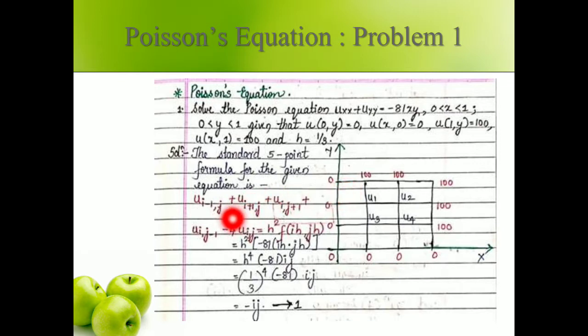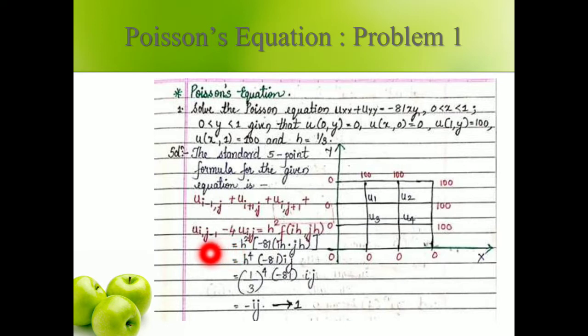Then the equation goes like this: u(i-1,j) plus u(i+1,j) plus u(i,j+1) plus u(i,j-1) minus 4 u(i,j) equals h squared f(ih, jh), that is h squared times minus 81 ih into jh.